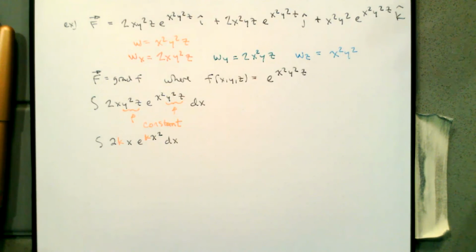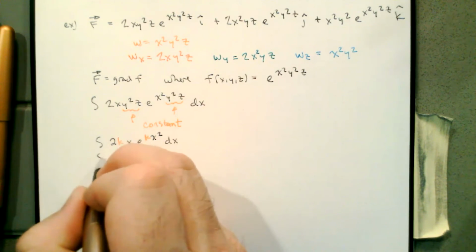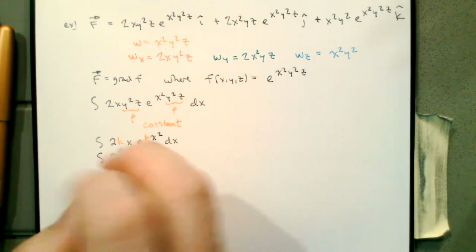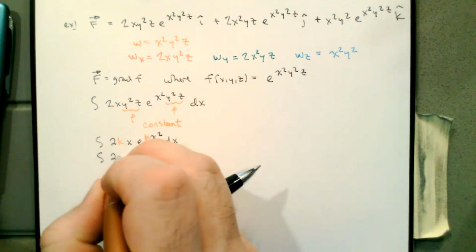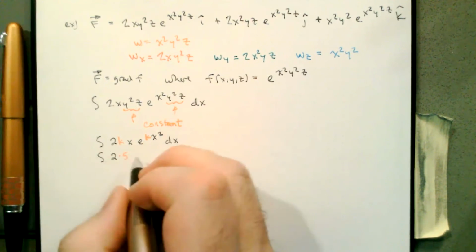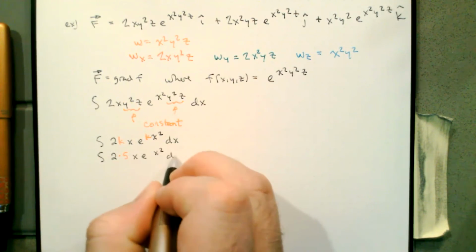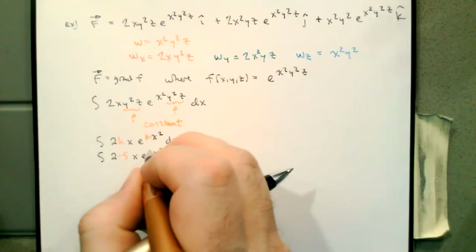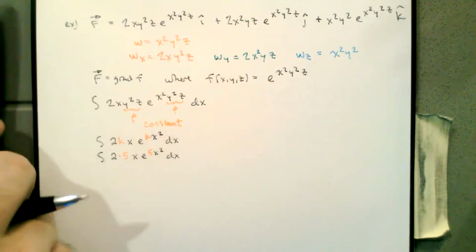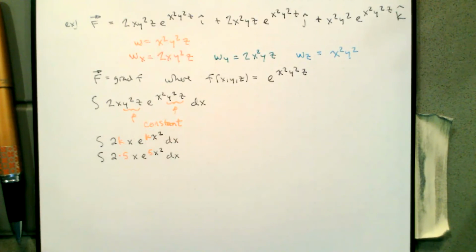If you don't like the constant k, pick a constant. So this is like 2 times 5x e to the 5x squared. And we're just integrating this with respect to x.